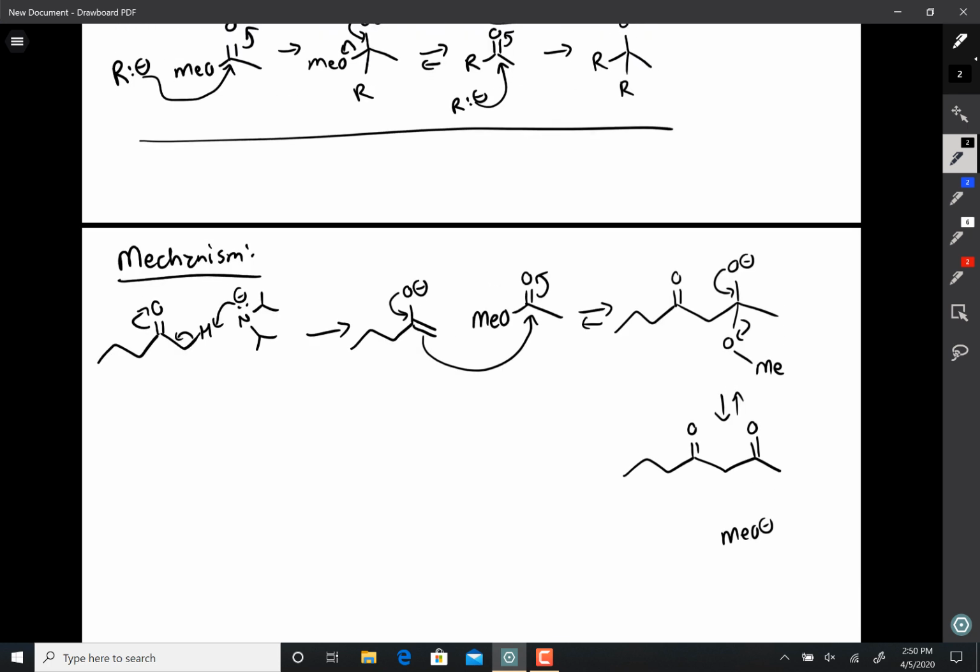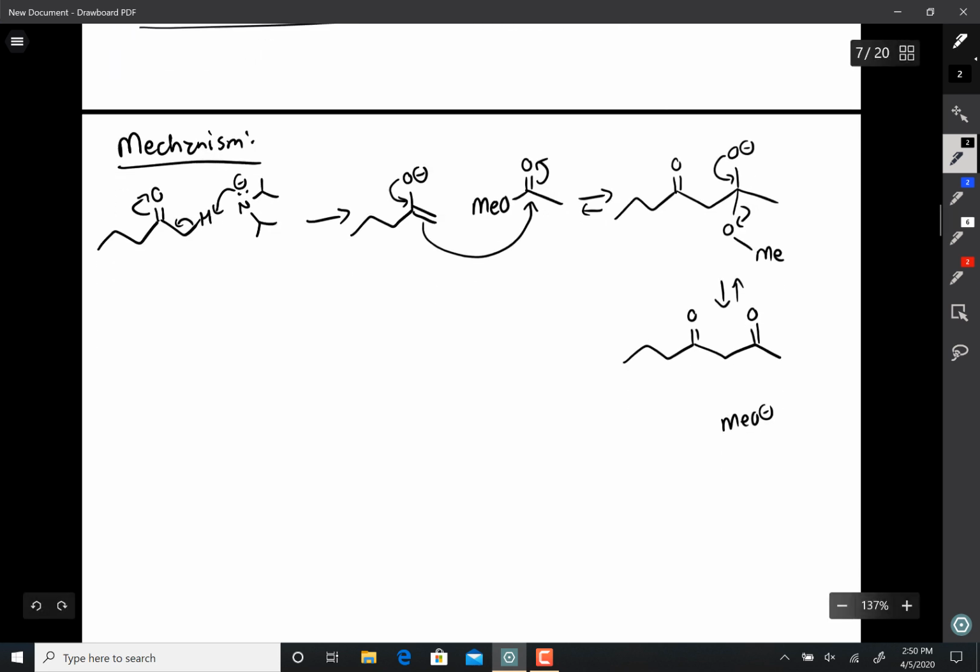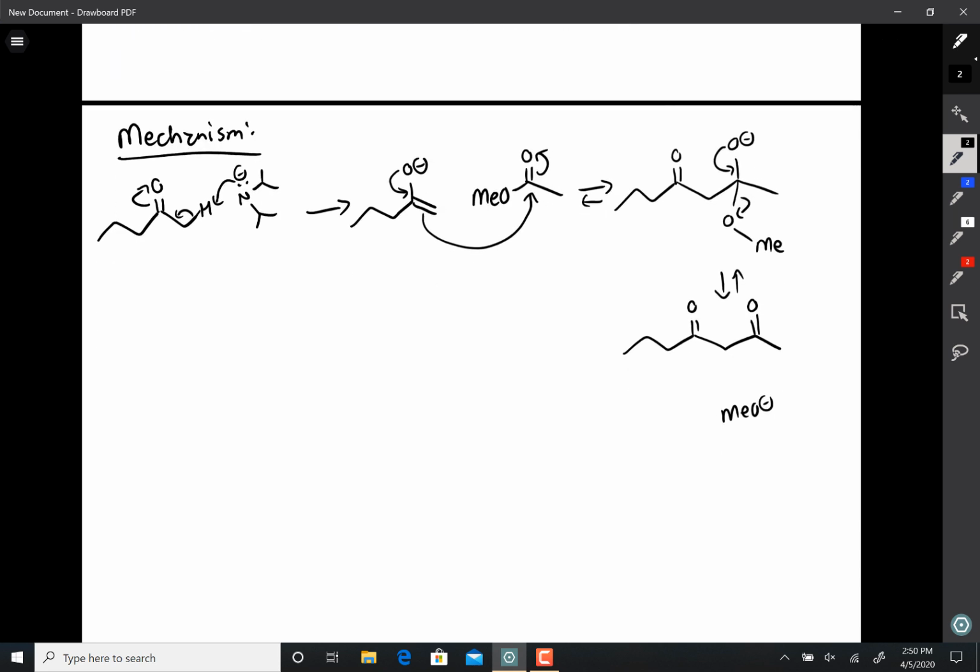Now here is where the reaction differs. Before another enolate can add to the ketone, something else happens. This hydrogen right here has a pKa not of 20, but 10.